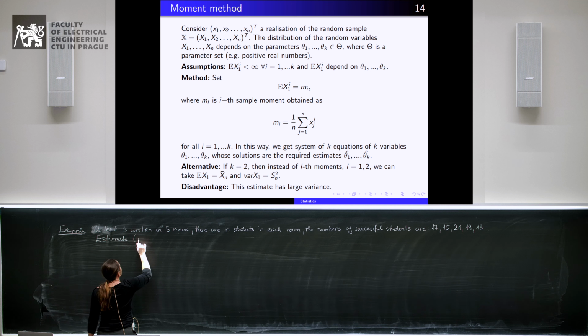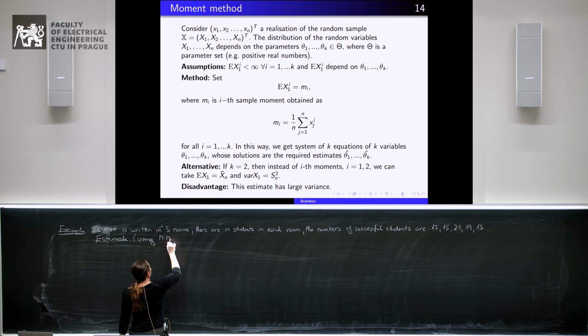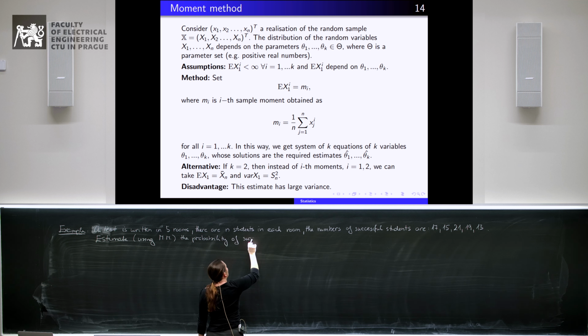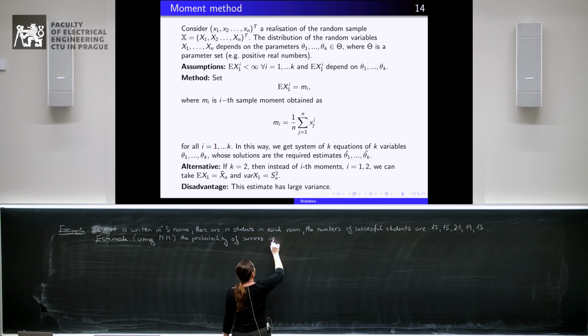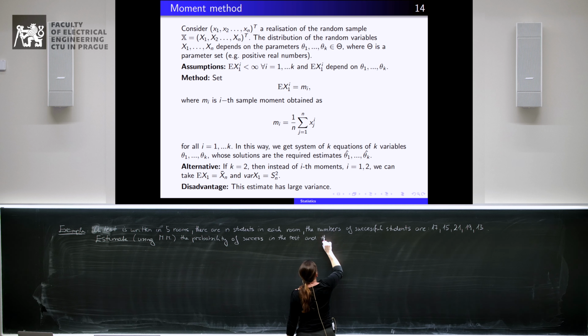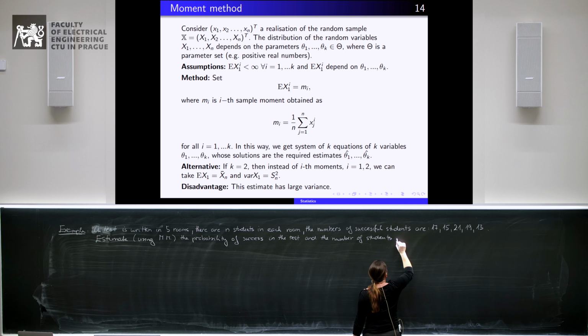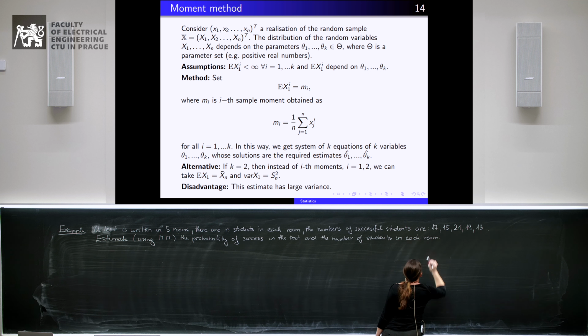Estimate, using the moment method, the probability of success in the test and the number of students in the rooms.